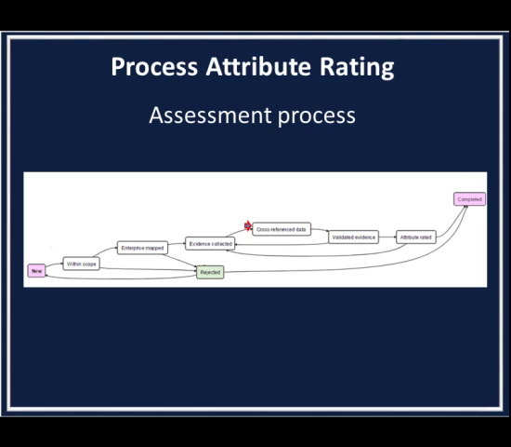Cross-reference the data between the reference model and the performed activity or work product. Validate that sufficient evidence has been collected, that the data is complete, and then rate the attribute and complete the assessment.